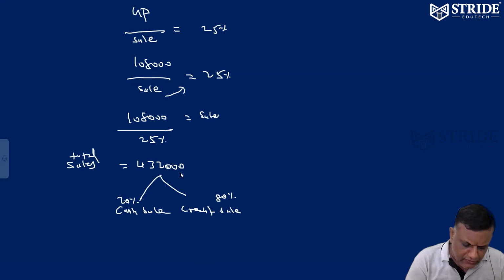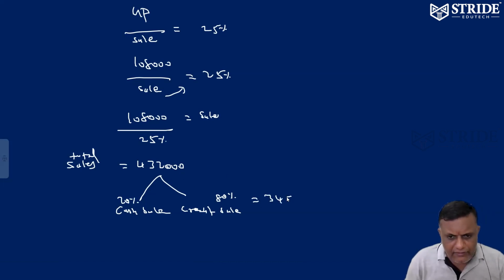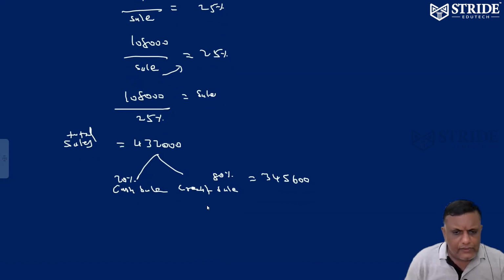So 4,30,000 into 80%. Answer? 3,45,600. That is credit sale. So balance 20% cash sales: 4,30,000 minus 3,45,600. Answer 86,400 cash sales.